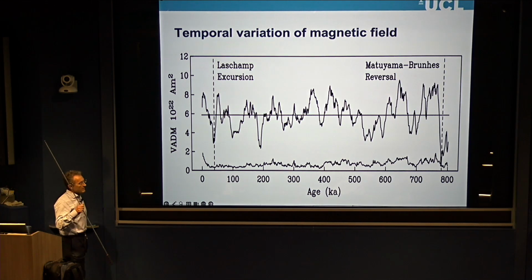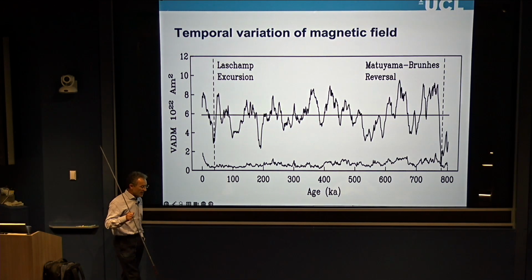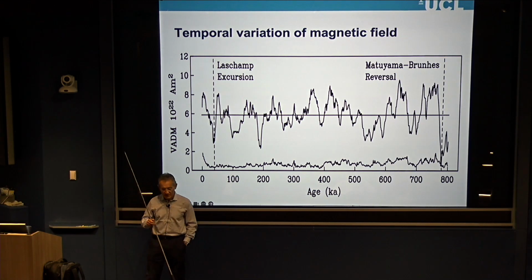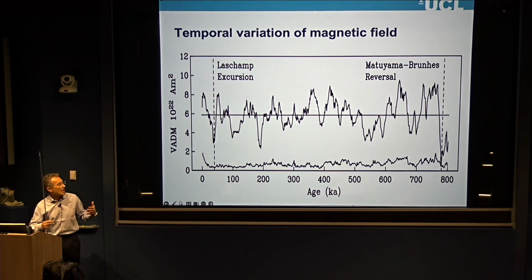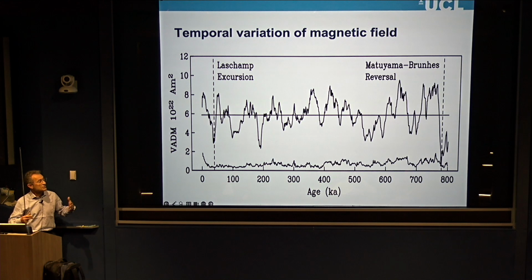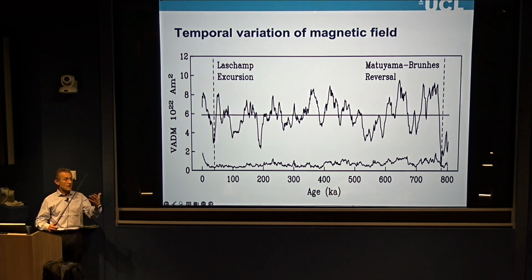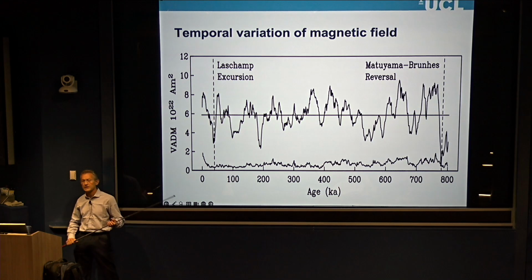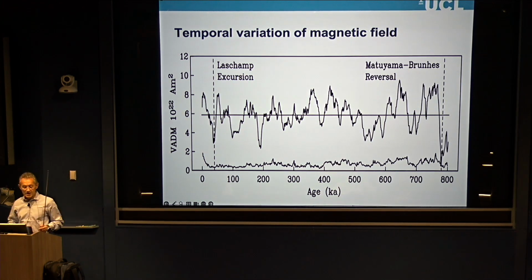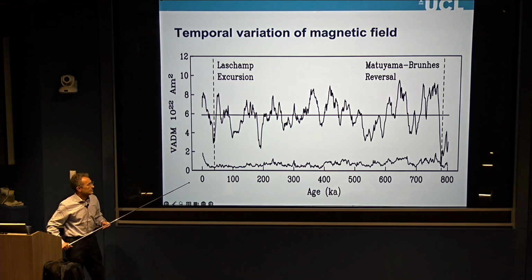Well, the main function of the field today and over the course of the Earth is protecting us from the solar wind, which would otherwise strip the atmosphere of the Earth away. This is what happened to Mars, by the way. In the past, Mars had a magnetic field and an atmosphere, then it lost the field and it lost the atmosphere as a result.